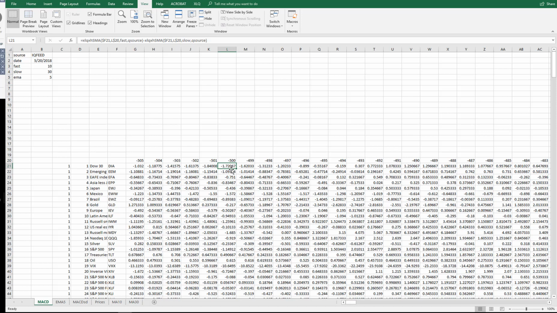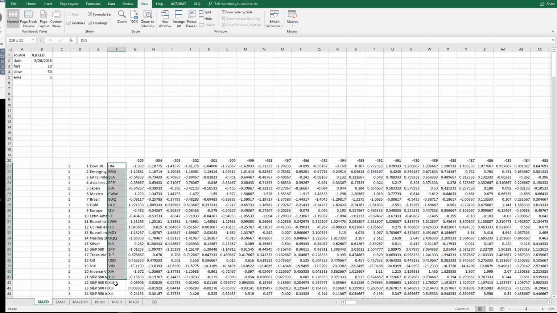Now I can easily copy that to all of these cells, and then what I'm doing is building out my usual symbol sets. So everything that's in category 1 is going to be like the ETF 30, and category 2 is the Dow 30.